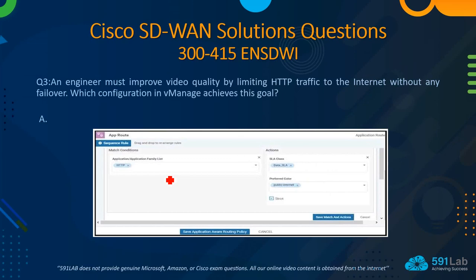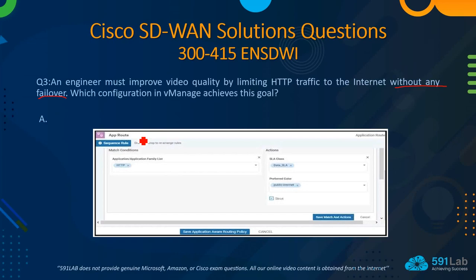An engineer must improve video quality by limiting HTTP traffic to the internet without any failover. Which configuration will achieve this goal? Okay, first, without any failover, we should use the keyword called strict. Okay, should be checked. If not, the failover will happen.